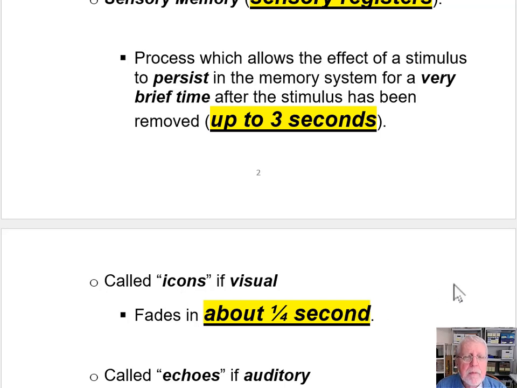In visual sensory memory, the information remains for about 1/4 of a second and then fades. Now, this icon being there for 1/4 of a second, that's a lot longer than 1/1000th of a second. And 1/4 of a second was long enough for us to decide that was an antelope.